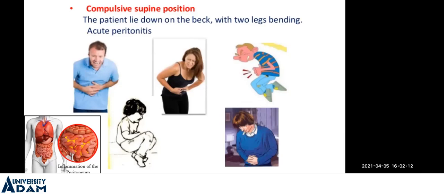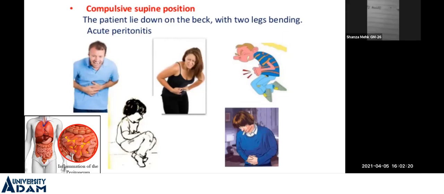Shanzameh, can you tell me please, what else, what kind of compulsive positions do you know? Ma'am, when the patient feels pain in any part of his body, he tries to relieve the pain and changes his position according to the pain. Like, ma'am, sometimes patients lie side down.